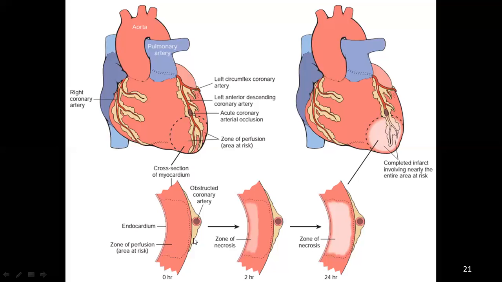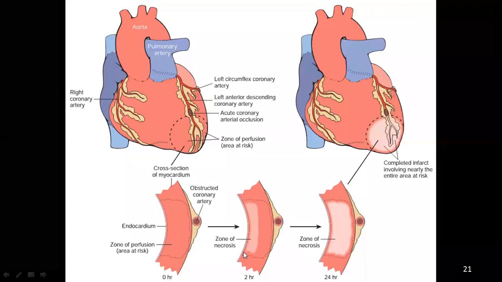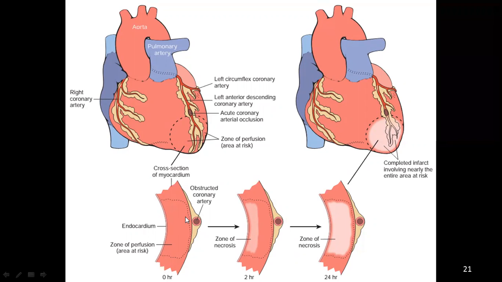But the zone of necrosis, or myocardial cell death, will begin from the distal end of that section, and eventually it will go towards the pericardial surface. So the pattern is, if some myocardial vessel is occluded or its supply is diminished, the reduced blood supply will cause ischemia from distal to the vessel to proximal to the vessel.